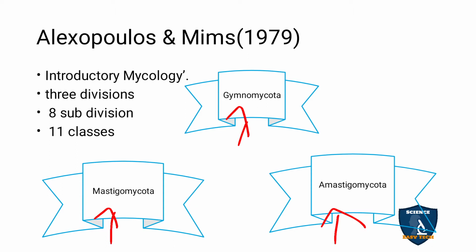These are the three major divisions. From these three divisions, they divided into 8 subdivisions, 11 classes, one form class and 3 form subclasses. So keep it in mind, there are 3 main divisions. From that you have 8 subdivisions, and from the 8 subdivisions you have 11 classes, that means 1 form class and 3 form subclasses.